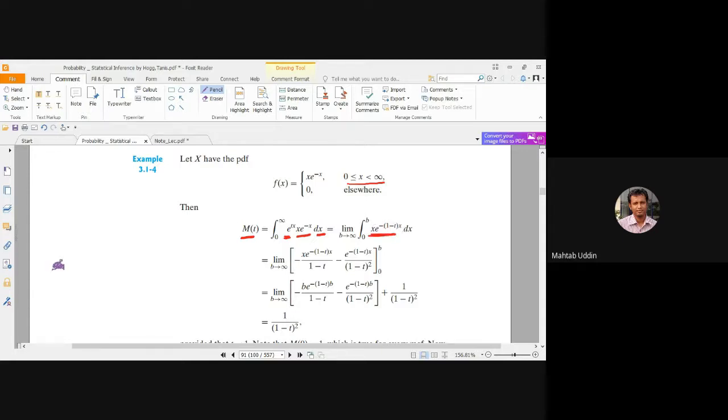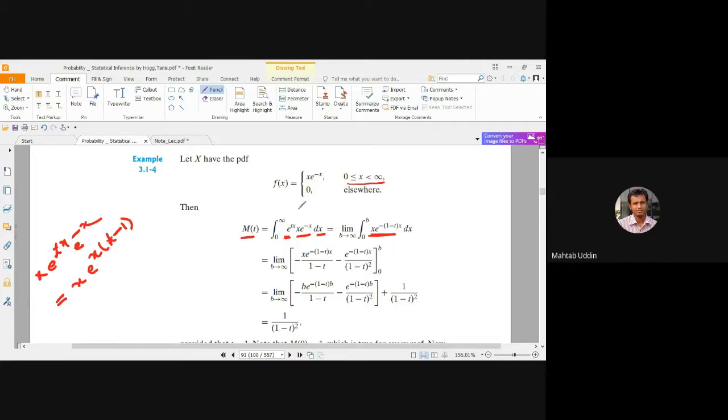Here you can see e to the power tx. We are taking x outside of this, e to the power minus x. Now we can write x as a common factor. So what can I write? I can write it like this, right? Yes, sir. Now, what is the problem?